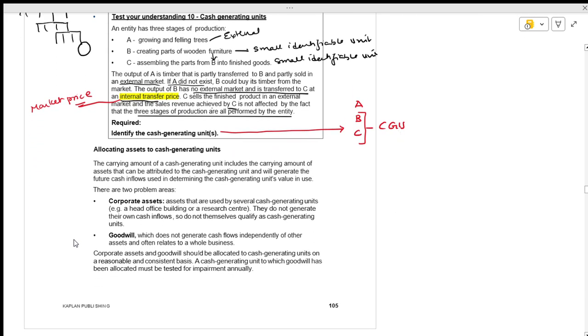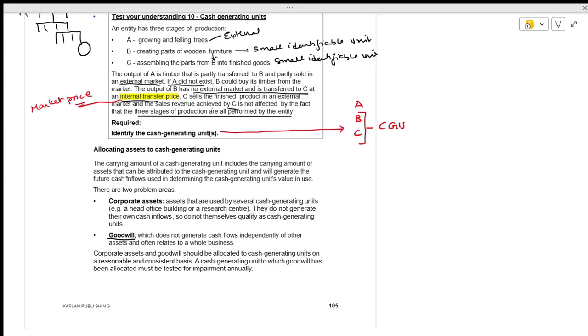Now what happens, how do we have to value it? See, this is directly related to impairment. Okay, whenever the impairment happens, immediately the first thing is it will affect the goodwill, which does not generate cash flows independently.